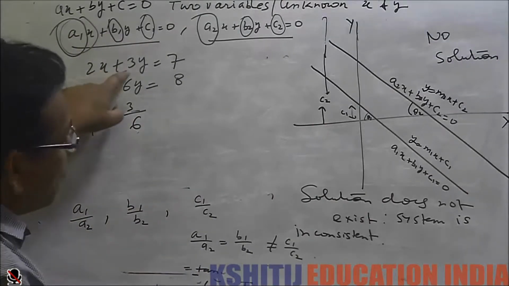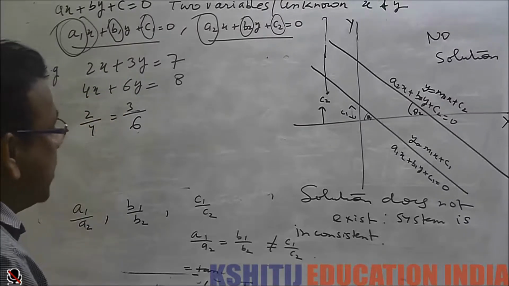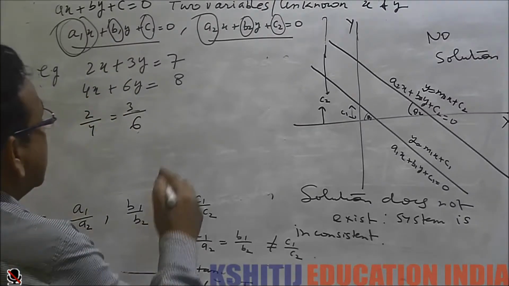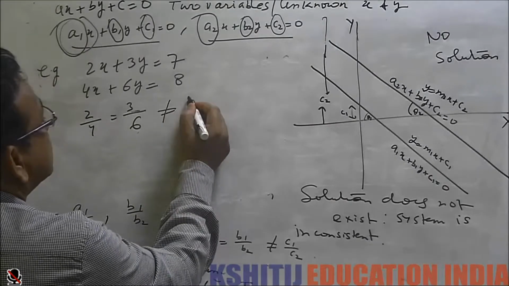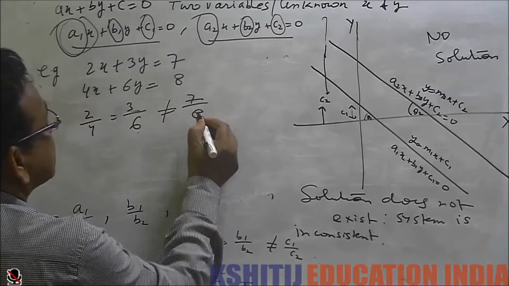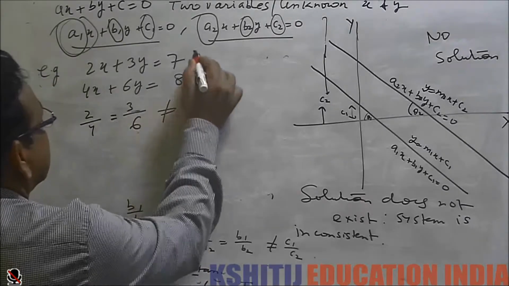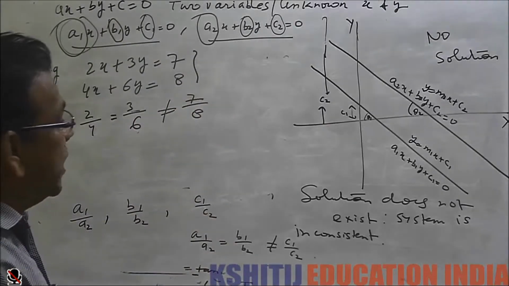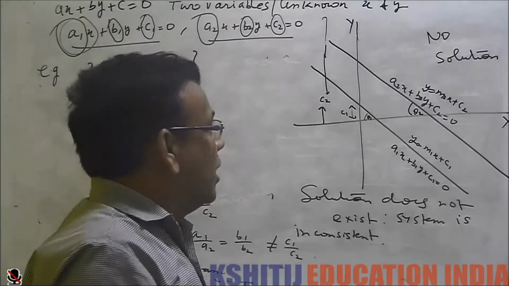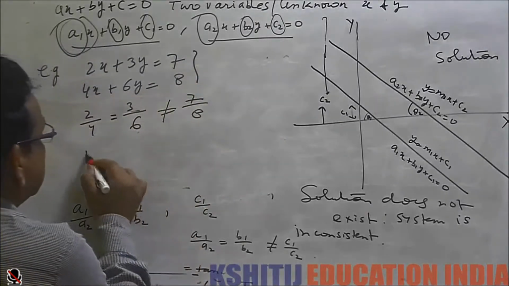A ratio of the coefficients of y, which is 3 by 6, which is again 1 by 2, is not equal to 7 by 8. If such equations are there, we would say no solution. Equations are parallel.